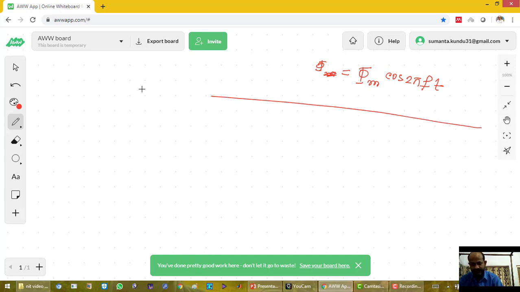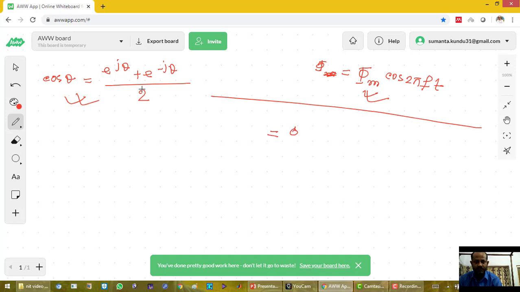Okay, now from Euler's expression we know that cos theta equals e to the power j theta plus e to the power minus j theta divided by 2. So now we implement this in my expression.